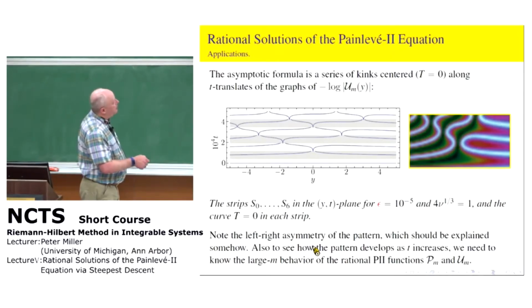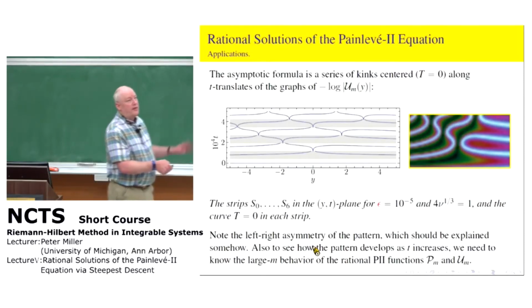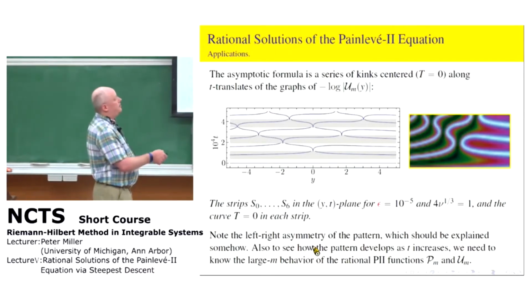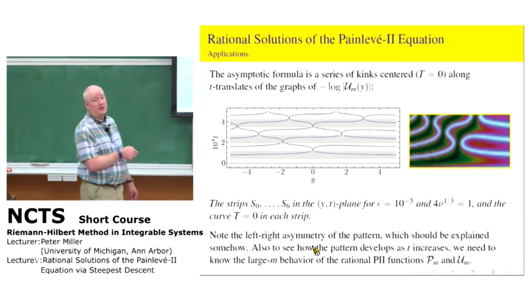Here's a plot of these graphs, and the claim is that this is the theoretical version of this numerical picture here. You can see that this curve right there is this curve. And if I were to make epsilon smaller and smaller and do better numerical simulations, this picture would look more and more like this one, okay?